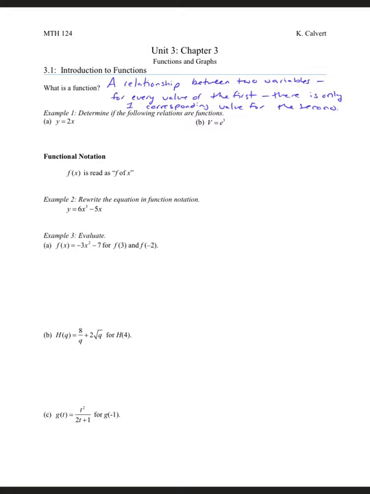And we'll talk about what that means here in this first example. So example 1, determine if the following relations are functions.